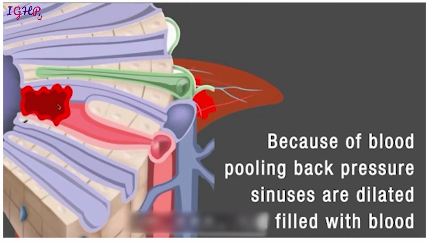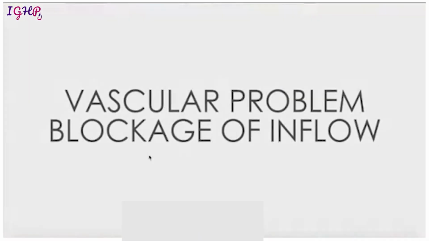Initially there will be congestion and dilatation, and gradually this congestion is replaced by fibrous tissue formation. So we see a venocentric pattern of fibrosis in outflow tract obstruction. Venocentric means it is going to start from the central vein. So that is what we see in outflow tract obstruction, where the sinusoids are dilated and filled with blood. This is the feature of hepatic outflow obstruction.